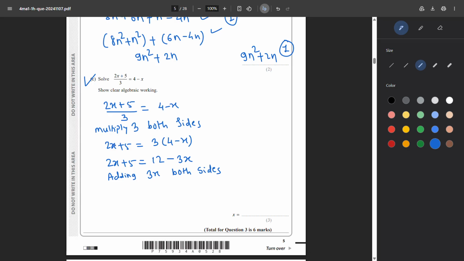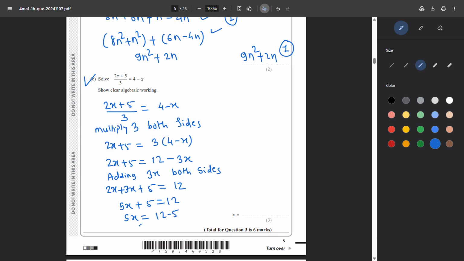So 2x plus 3x plus 5 is equal to 12, plus 3x minus 3x on the right hand side will get cancelled. So 2x plus 3x will become 5x plus 5 is equal to 12. Now subtract 5 on both sides, so you will get 5x is equal to 12 minus 5.